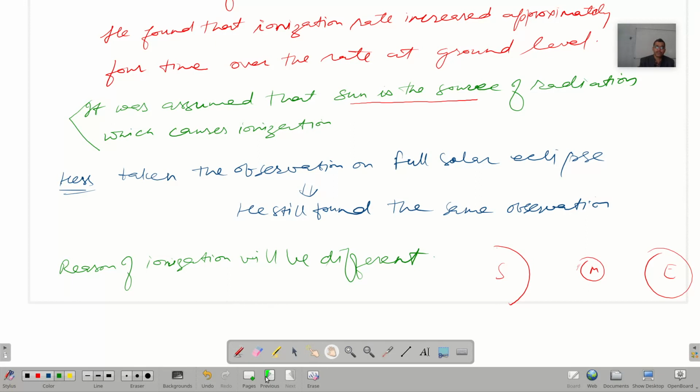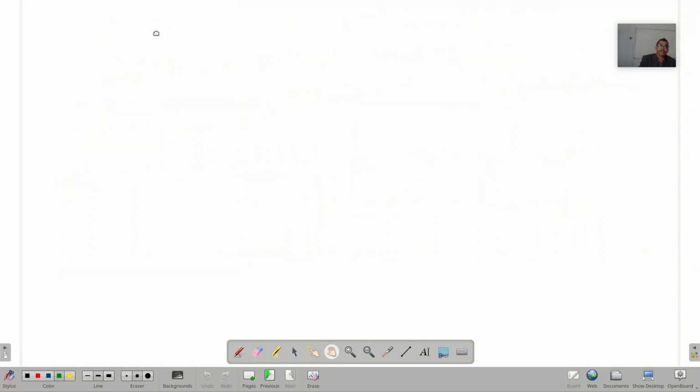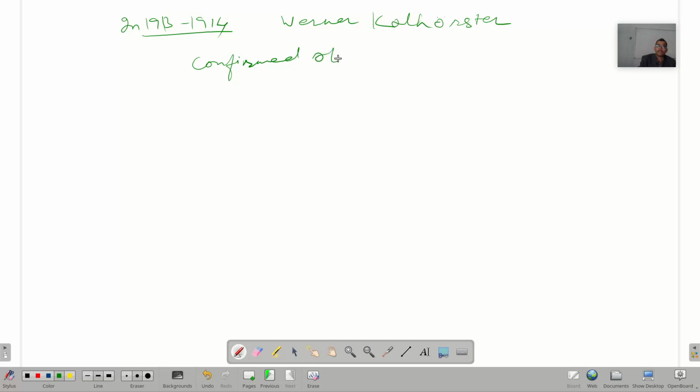Also, in 1913 and 1914, Werner Kolhörster confirmed the observation made by Hess.